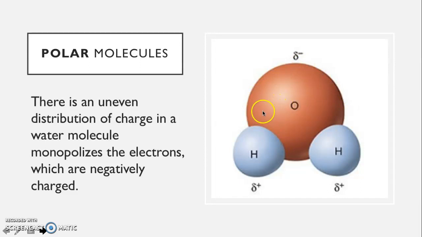So because the electrons are negatively charged and they spend most of their time around the oxygen, there's a slight negative charge on the oxygen side of the molecule. Because the electrons don't spend that much time here on the hydrogens, each hydrogen has a slight positive charge. And this is what polarity is. So that's what it means. So one side has a positive charge and the other side has a negative charge.